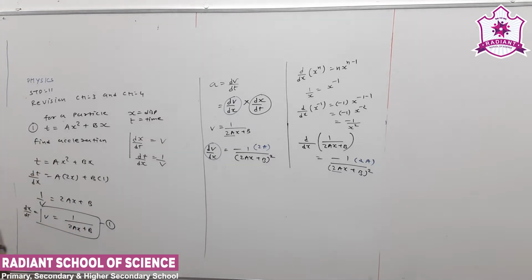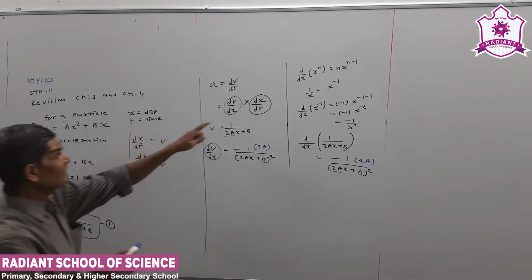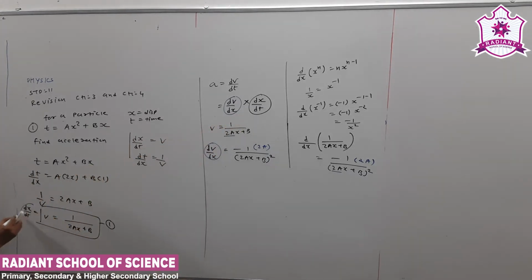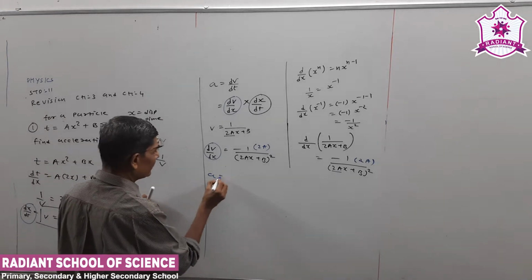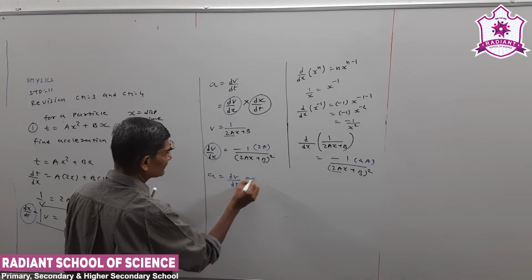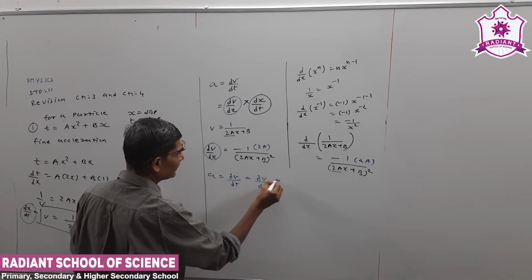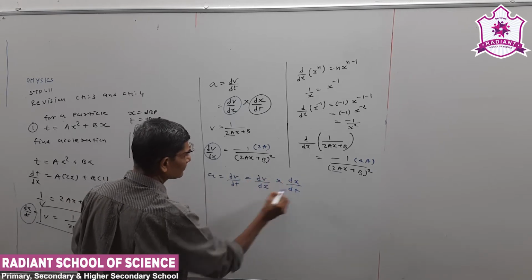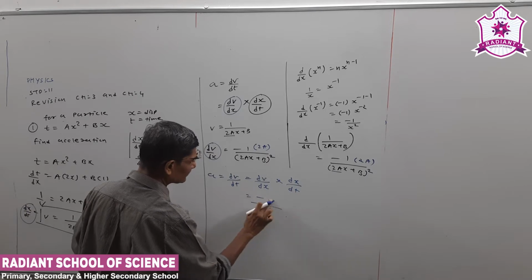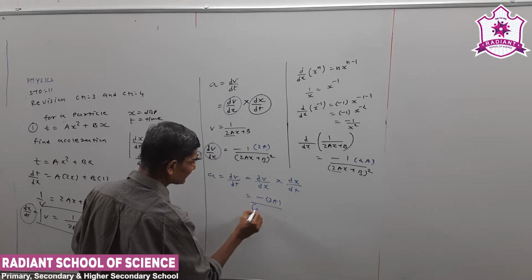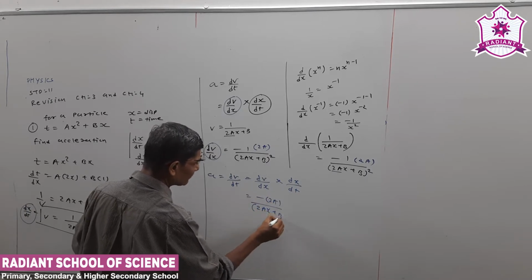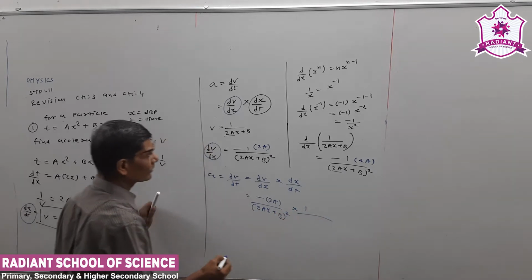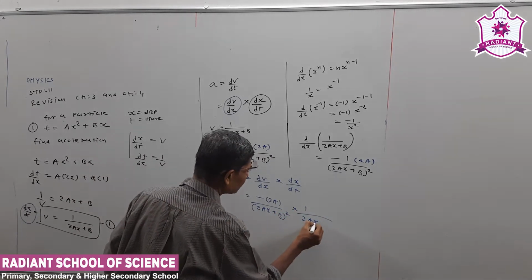Now dx by dt is v, that is already available to us. So we can write a is equal to dv by dt, it is dv by dx into dx upon dt. Now this is minus 2a upon 2ax plus b whole square into 1 upon 2ax plus b.